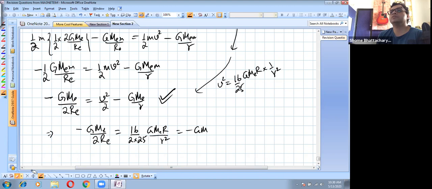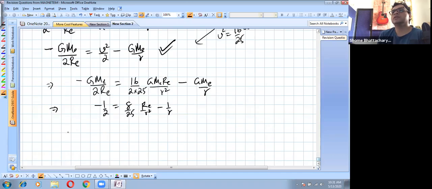No minus sign. So, right, fairly easy equation to solve now. So minus half is equal to 8 by 25 times G M_E by R square, minus 1 by R. So you get a simple quadratic relation, as you can see.